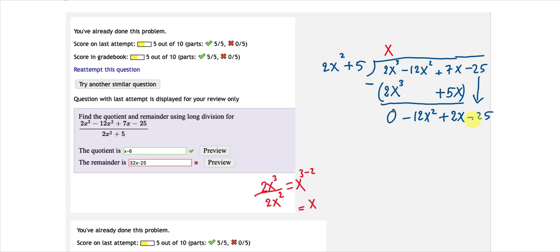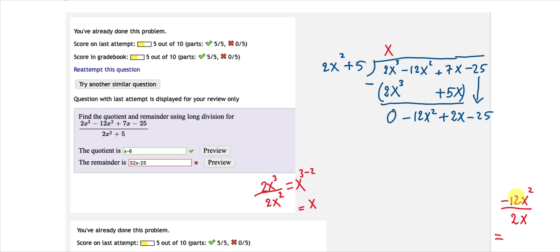Okay, so what do I do next? Again, I take the first term right here. I divide again by the first term to find the quotient. Again, before we took the first term, we divide by the first term. I now take the first term, which is minus 12x squared, divide by the same first term again.